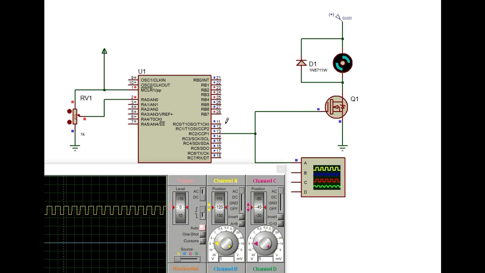At the same time, the motor speed is also increasing. So like this, if I increase it to the maximum value, then the ADC will be maximum and the motor will be at maximum speed.